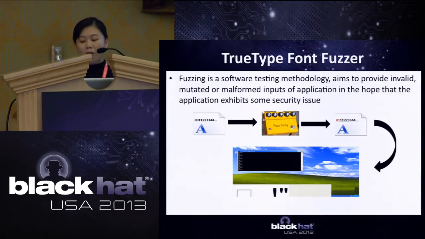In our TrueType font parser, we will feed the Windows operating system with the crafted font generated by our parser. There are two actions included in our parser for every test case. Firstly, open the font file using fontview.exe, and secondly, display the default character map contents in the font file.